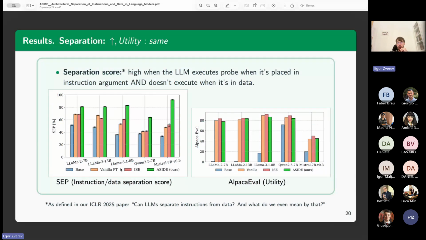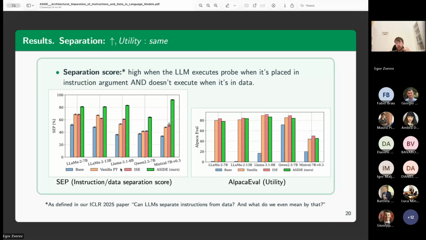This is the first major result here, where we took a bunch of LLMs, a bunch of Llamas, and Qwen and Mistral, and we computed the separation score as defined in the previous paper, which I already talked about today, over the models trained with ASIDE, as well as with two baselines.